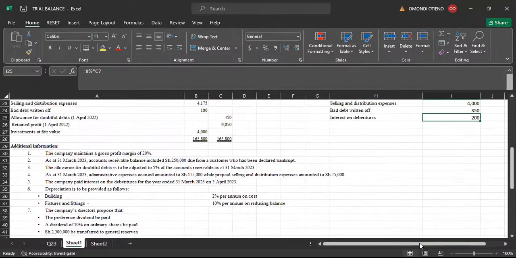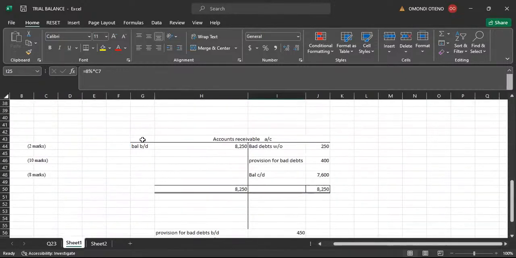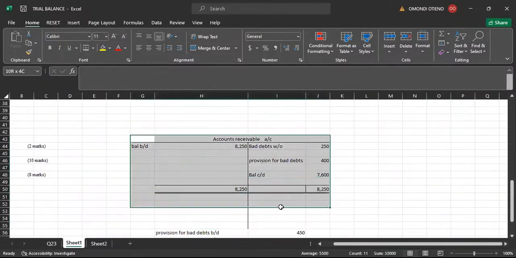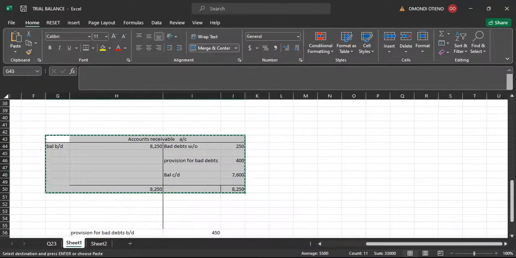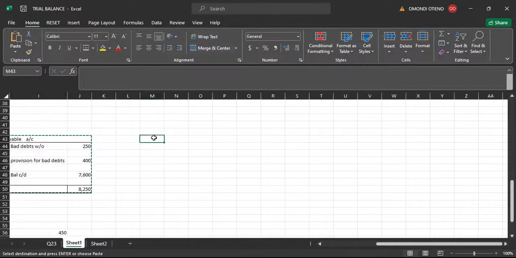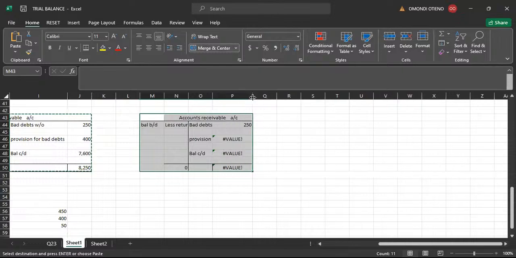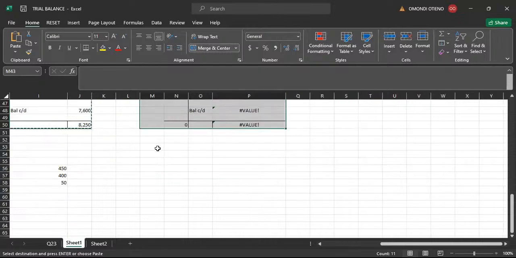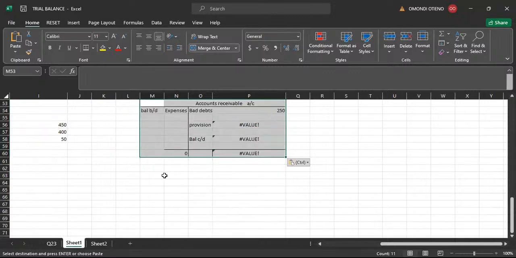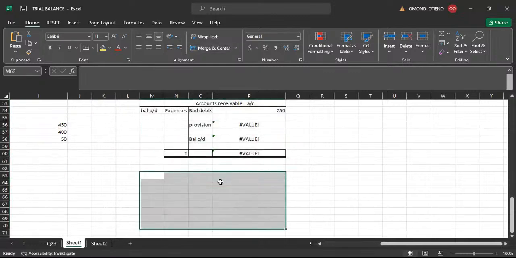So those who were here yesterday are also able to see how we deal with the depreciation. So let me just pick this one here. It will be our reference point. I come here. I have all of them. Let me just bring all of them down here.